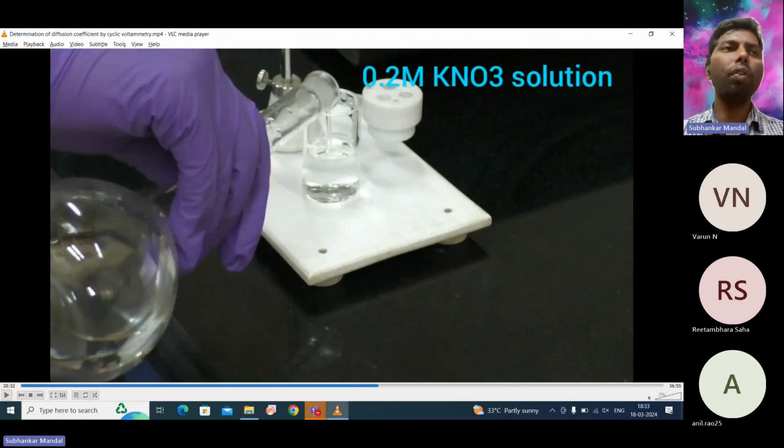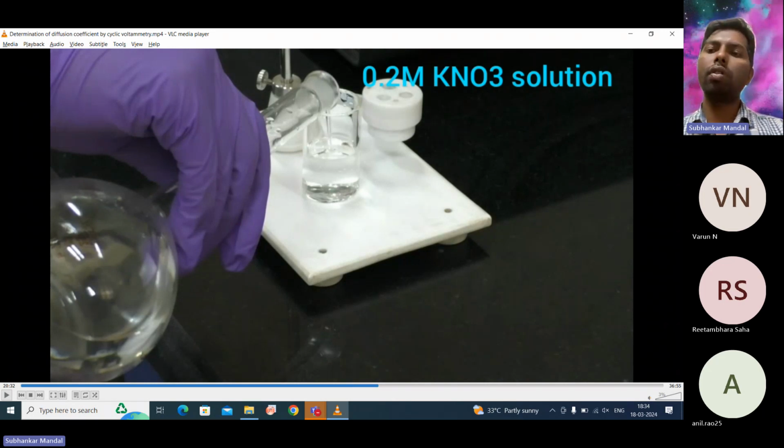So before doing the experiment for ferricyanide, we have to do the experiment for the supporting electrolyte solution, so that we can see if there is any activity from the supporting electrolyte. Also we have to know that the solvent, here water, is stable in whatever potential window we will measure. All this information we have to get first.